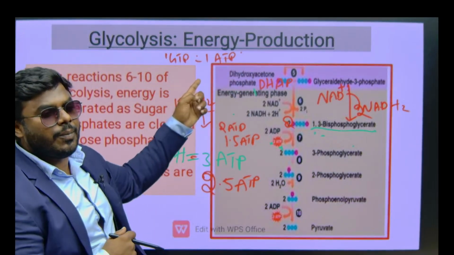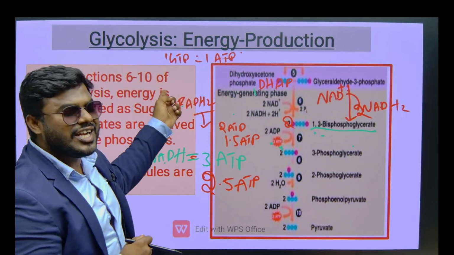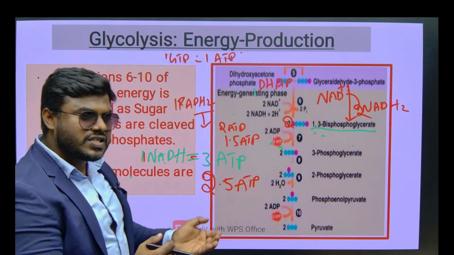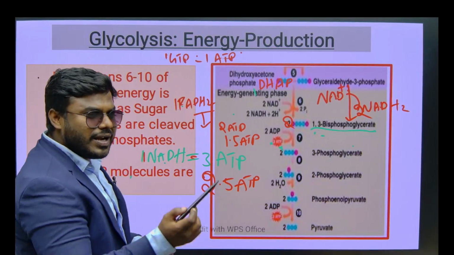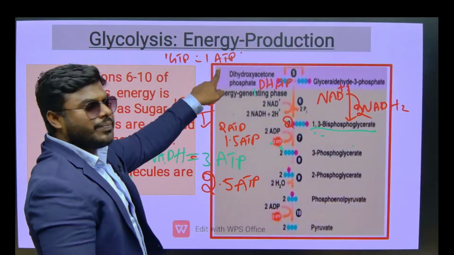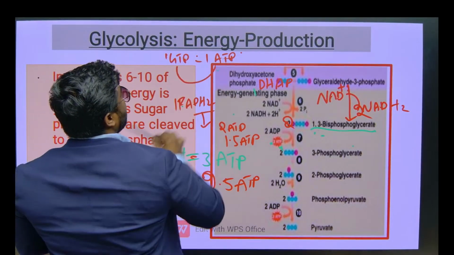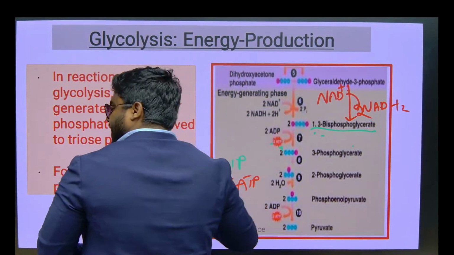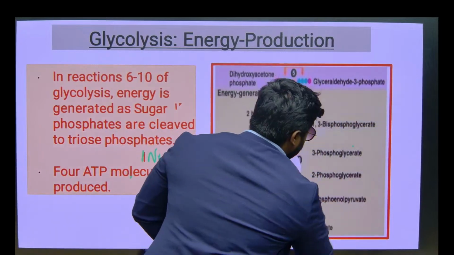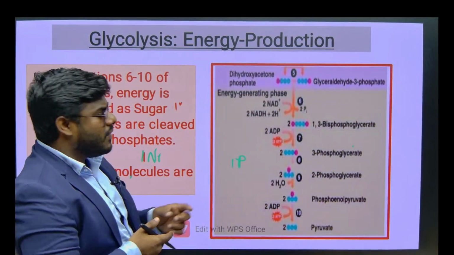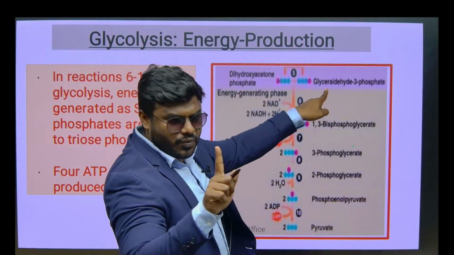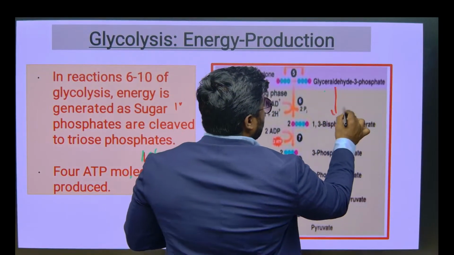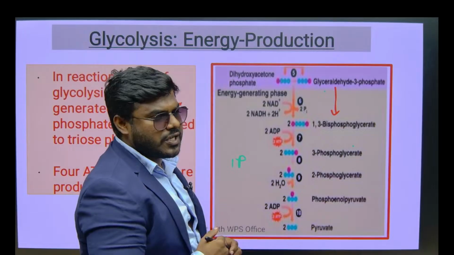What is the full form of ATP? Adenosine triphosphate. GTP? Guanosine triphosphate. Ultimately the cell directly uses ATP, that's why GTP is also converted into ATP. We'll understand where we get this GTP and what the story of this is. Now, what I am saying here: one molecule of glyceraldehyde 3-phosphate gives rise to one molecule of 1,3-bisphosphoglycerate.